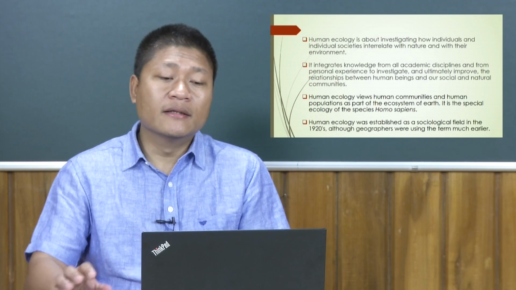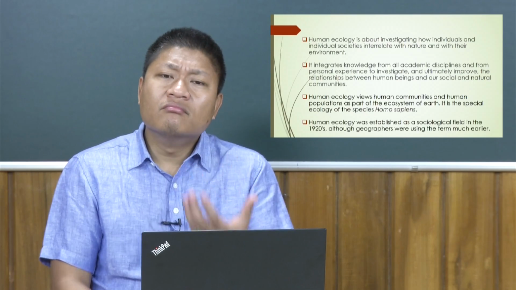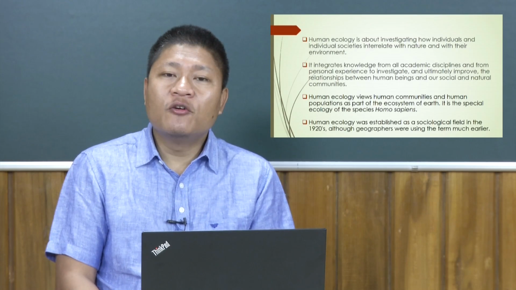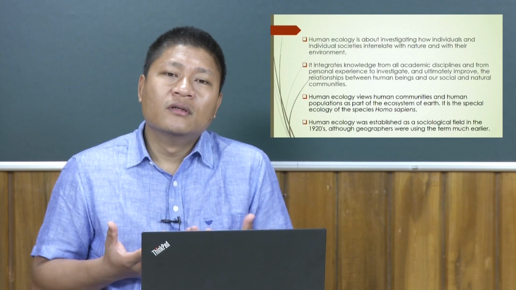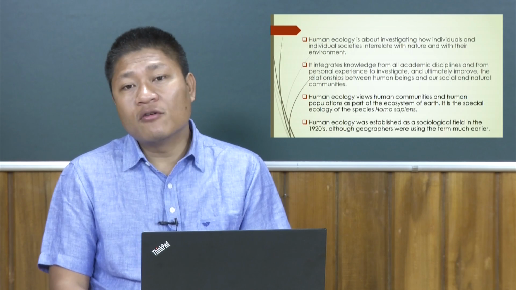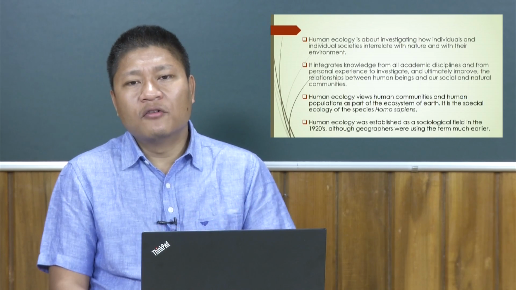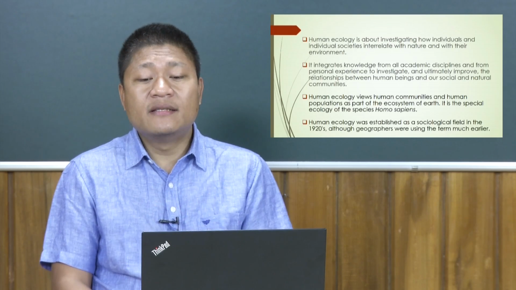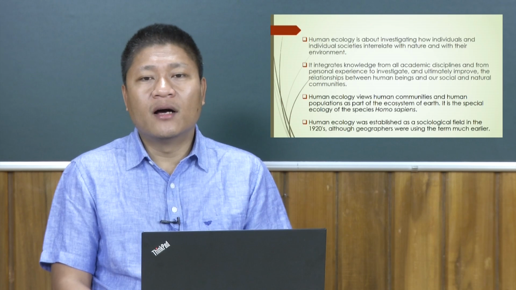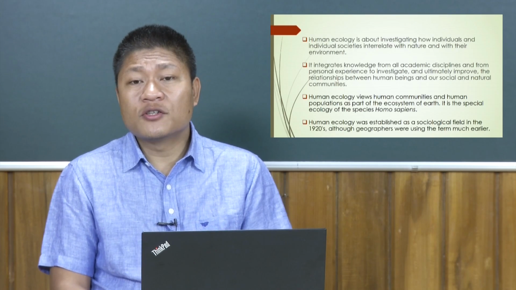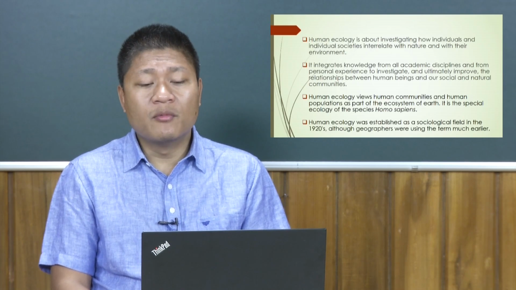Now, human ecology also looks at the way human communities and populations are not to be seen in isolation, but are part and parcel of the ecosystem. They are one of the interrelated parts of the earth. It is the special ecology of this species which is called Homo sapiens. The humans are also part of this whole ecosystem, known as Homo sapiens.